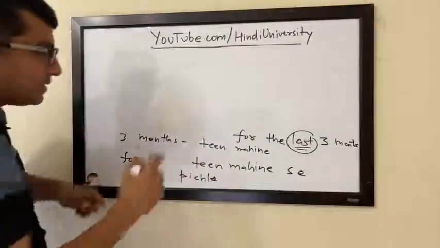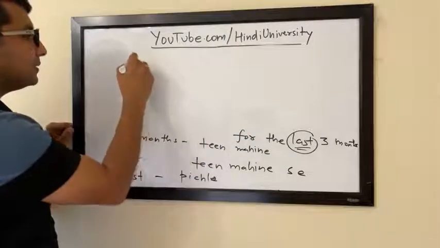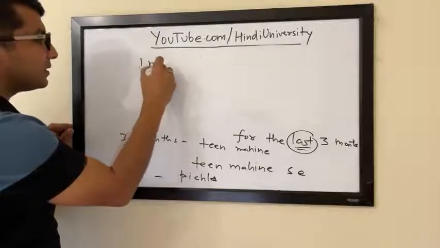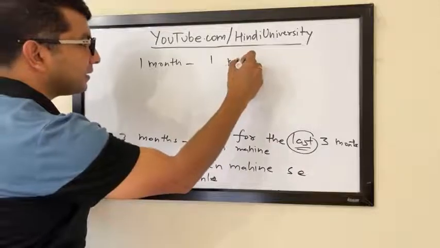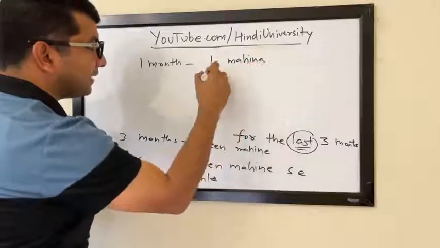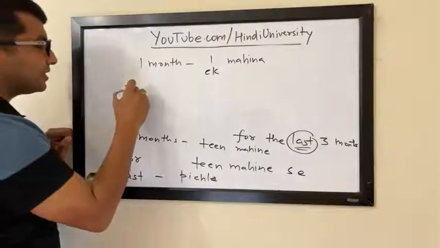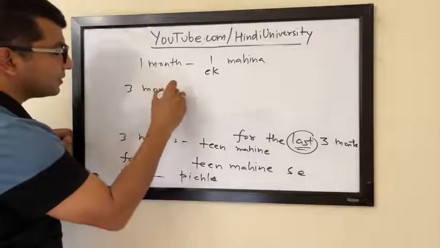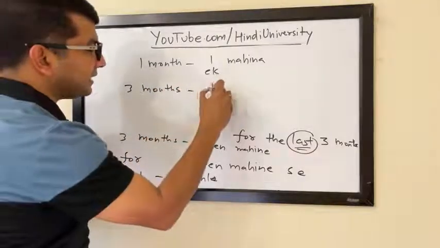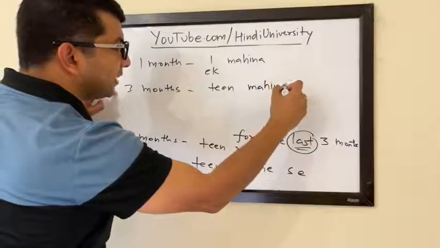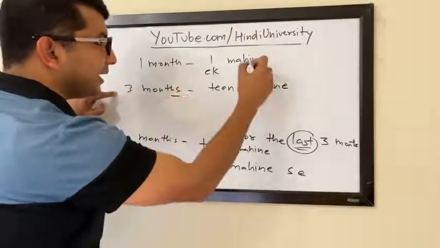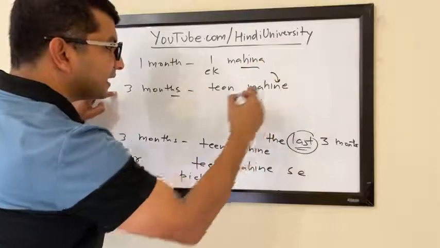So you have 1 month, which is ek mahina, and if you have 3 months, it's basically teen mahine, because months is plural and mahina plural is mahine.